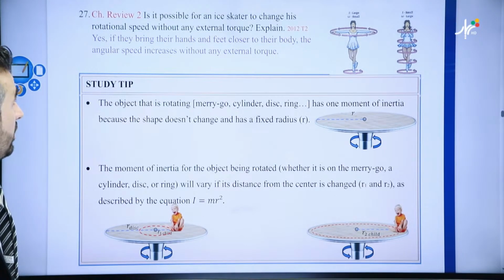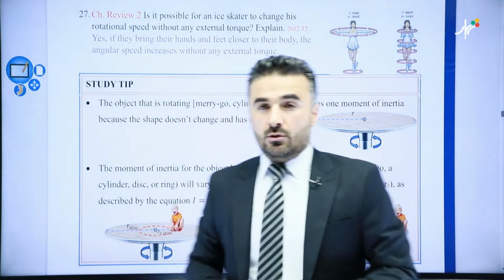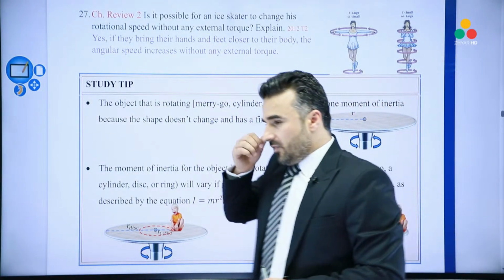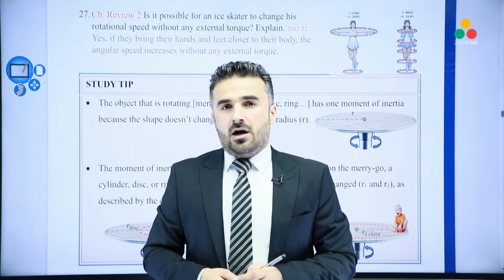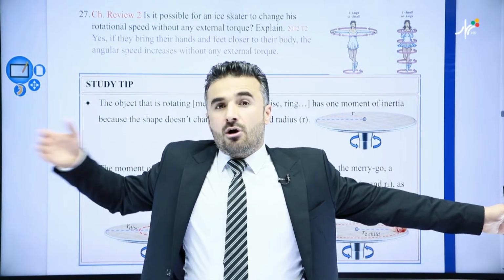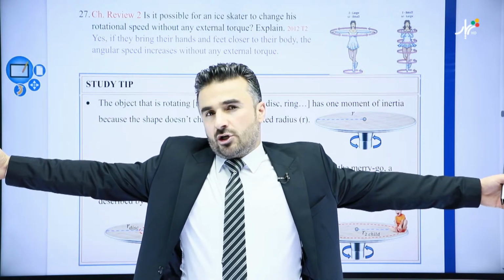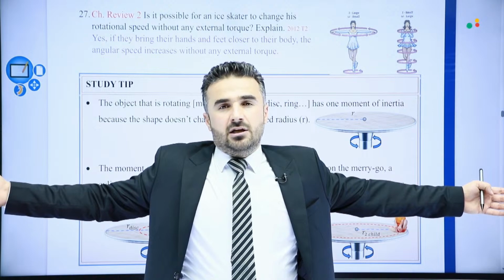So we have another question, number 27. Is it possible for an ice skater to change his rotational speed without any external force or torque? Explain your answer. It is yes, absolutely. Remember that if the arms of the ice skater are extended, that means we have a large R. If R is large, that means moment of inertia is large, and angular speed is low.